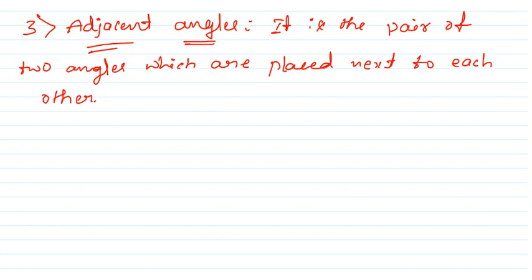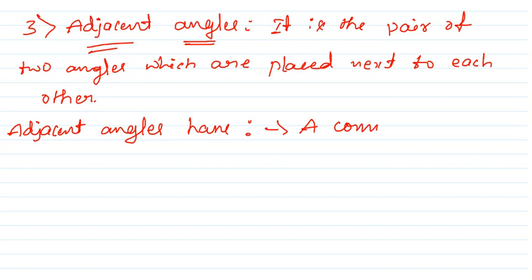Adjacent angles, it must have some conditions. See here, adjacent angles have a common vertex. First condition is adjacent angle must have common vertex.